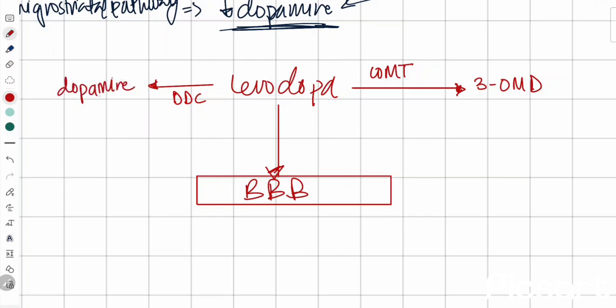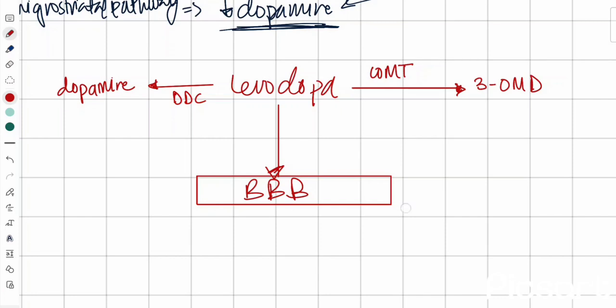Now this dopamine cannot cross the blood-brain barrier, but what it would definitely do is cause dopaminergic actions in the peripheral circulation, and we don't want that. We don't want peripheral effects of dopamine.